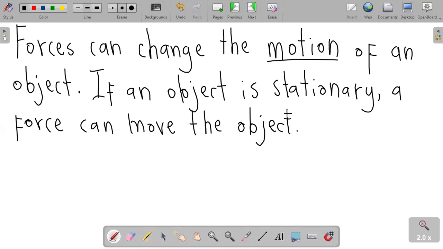Then if an object is already in motion, okay?